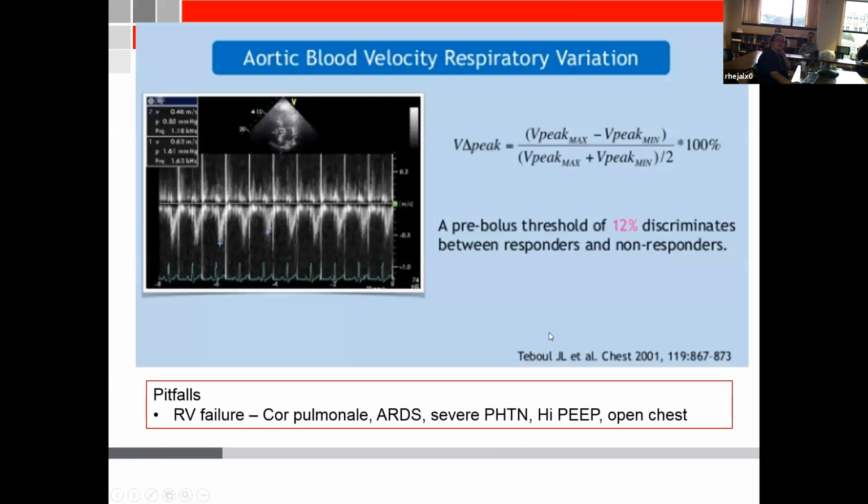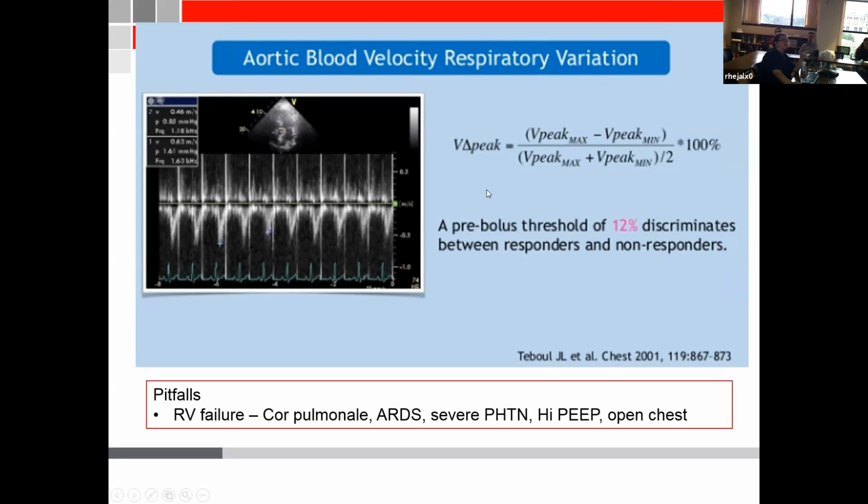Let's come now to the aortic pressure velocity. This is like when you have a Doppler, like an esophageal probe with a Doppler attached to it, and you put it at the level of the aortic root. You'll be able to determine the velocity of the blood passing through the aorta, and similarly determine the variability in velocity.